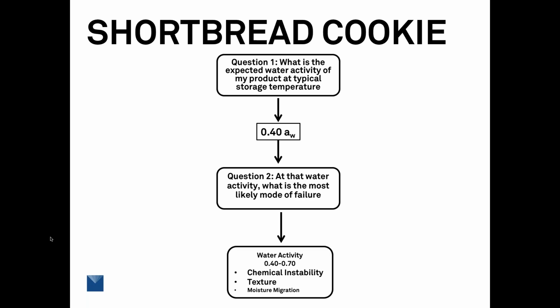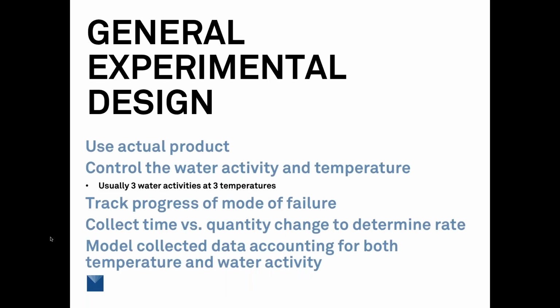It's just a plain shortbread cookie. So moisture migration is not likely to be a big issue, assuming that after baking and then sitting for some time, the moisture has distributed itself fairly well. So what we are going to focus on with this product is chemical stability and texture.